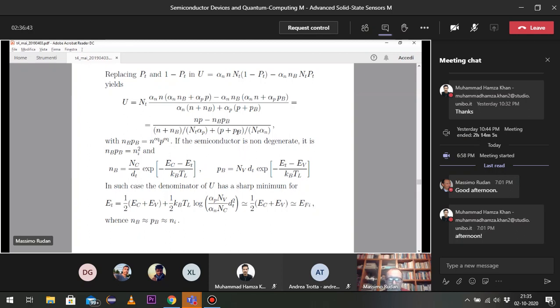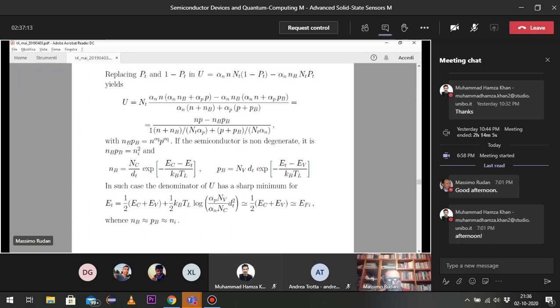PB increases very much when ET minus EV becomes more and more negative because of the minus sign in the exponent, okay? So the denominator of this expression in all cases depends exponentially on the trap level.